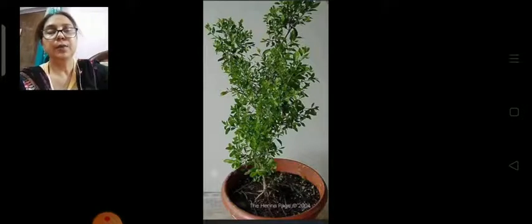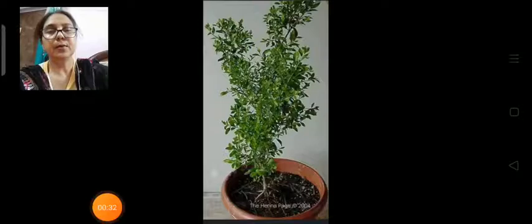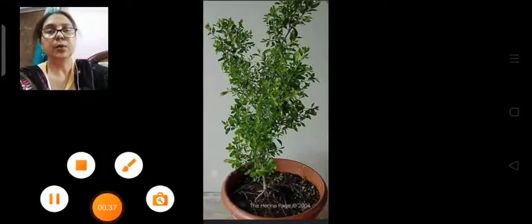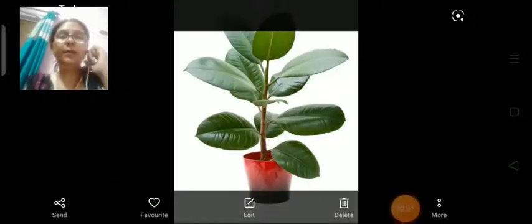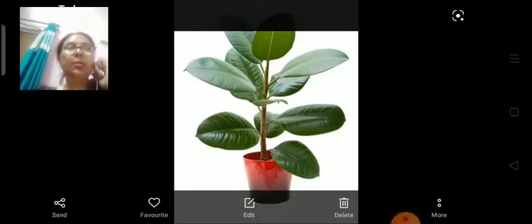Now we are moving to the next plant, that is the rubber plant. Okay, so let's know about the rubber plant, children. That is the Indian rubber plant or India rubber plant. It is a large tree of the family Moraceae, once an important source of an inferior natural rubber.